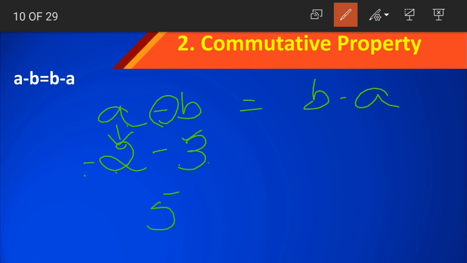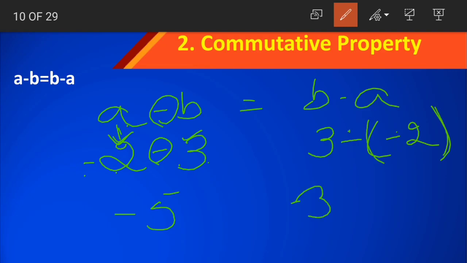Again, 3 is the higher number and it has a negative sign, so the answer will have a negative sign. Clear? Okay. Now b minus a. What is b? b is 3. Then the minus symbol for subtraction. What is the value of a? a is minus 2. As we have two signs here, we put it in a bracket.